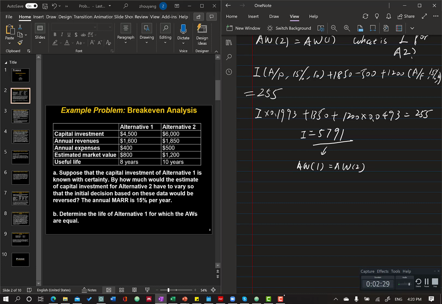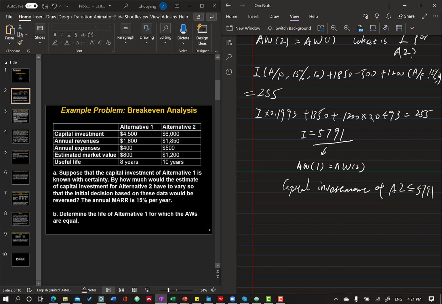And if we want the annual worth of 2 to be greater than the annual worth of alternative 1, obviously the capital investment of alternative 2 should be less than or equal to the number we have above, 5,791.